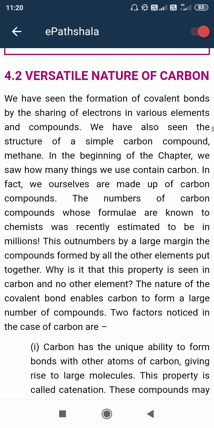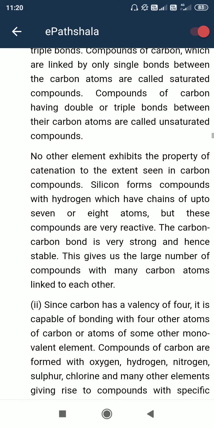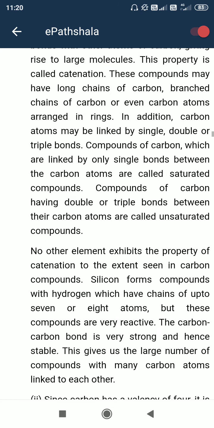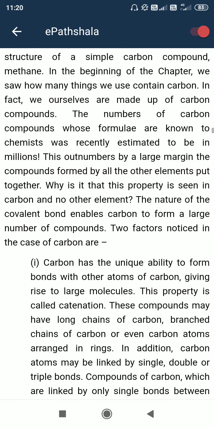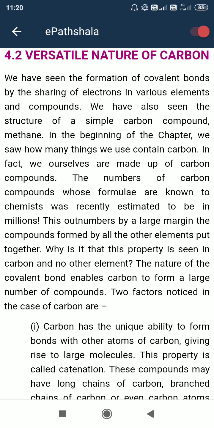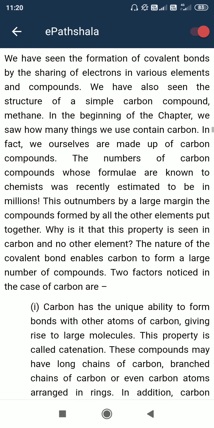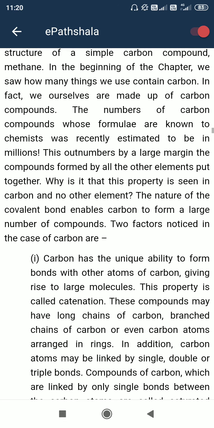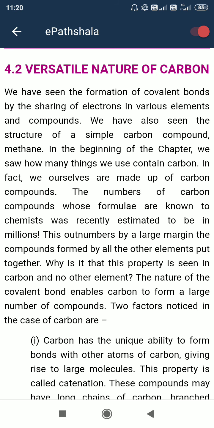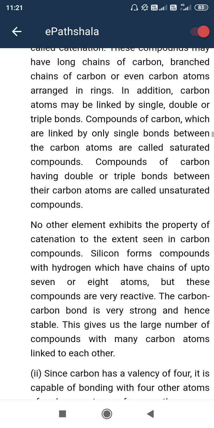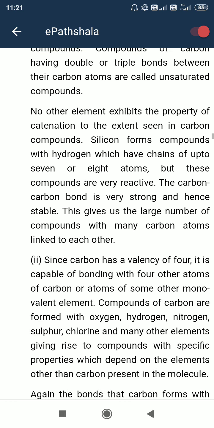Here, the versatile nature of carbon. Okay, so see, carbon is lacking 4 electrons to become stable, so 4 electrons may be obtained from one single atom or maybe more than one atom of different kinds.